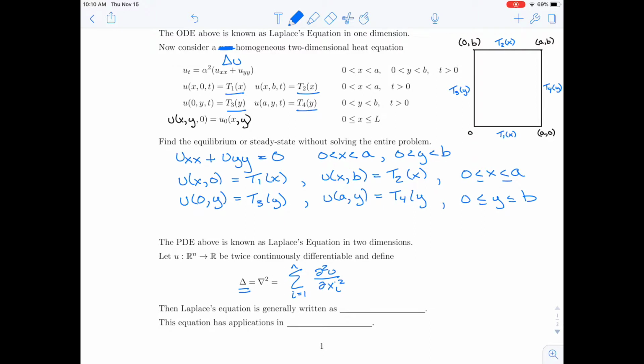So Laplace's equation is generally written as del squared u is equal to 0. And besides representing the steady state heat equation, it also has applications in electrostatics, where the charges of a metal plate will be held fixed on the edges of that metal plate, like the diagram that you see on the right.